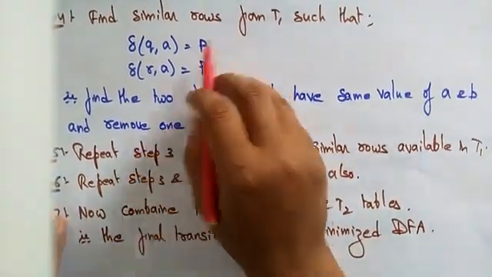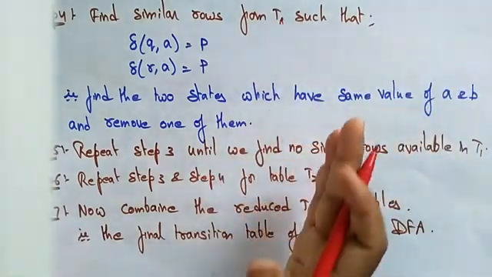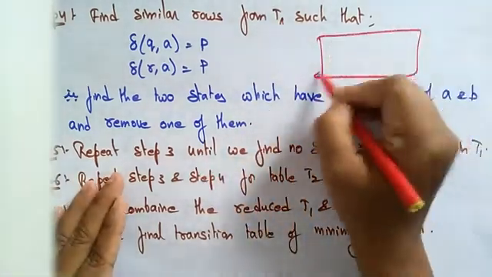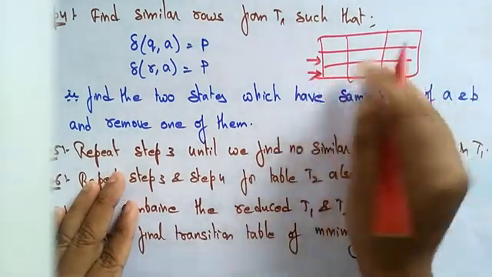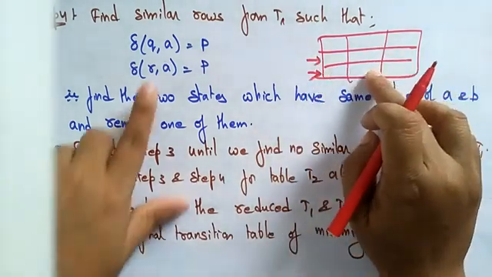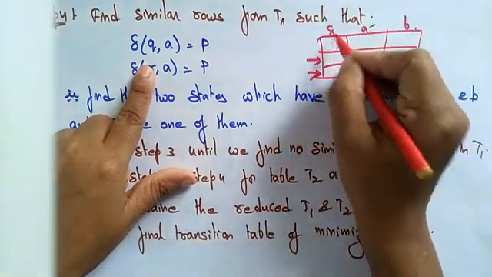Now find similar rows in table T1. I have drawn the transition table, and in this I need to find the similar rows. Let's say A and B are the inputs, and this is the transition function you get.